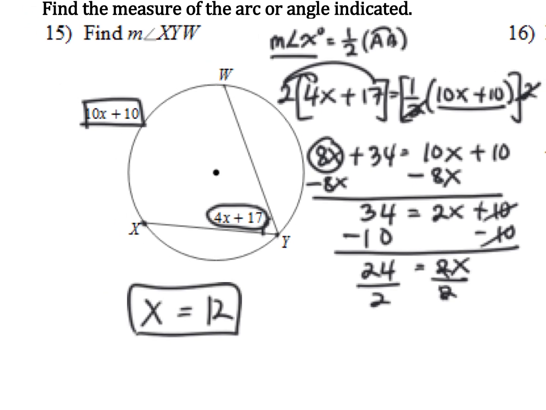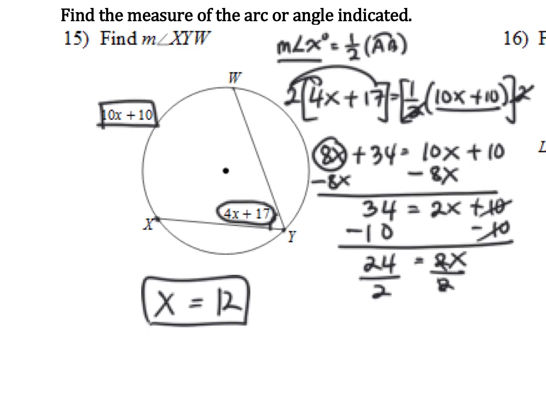So let's recheck. 4 times 12 is going to give you 48 plus 17. That's going to give you 65. So this angle is actually a total of 65 degrees. If that is so, that's going to be multiplying by 2, so this arc should be around 130 degrees.